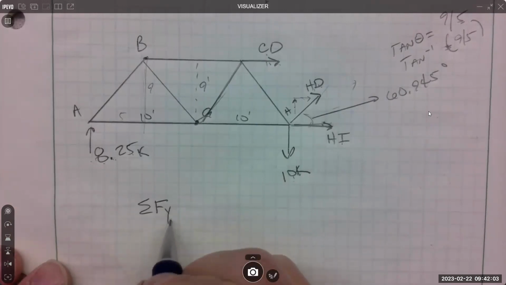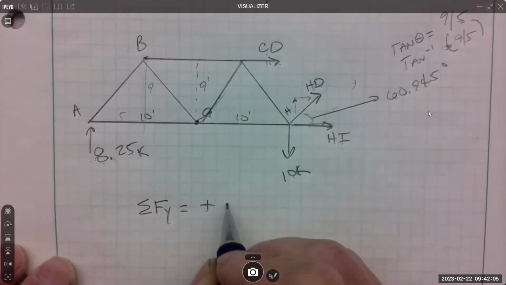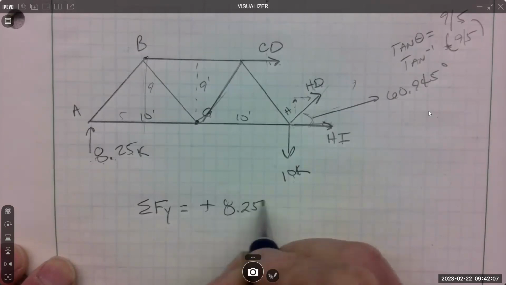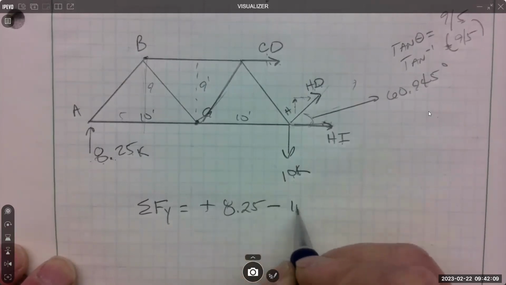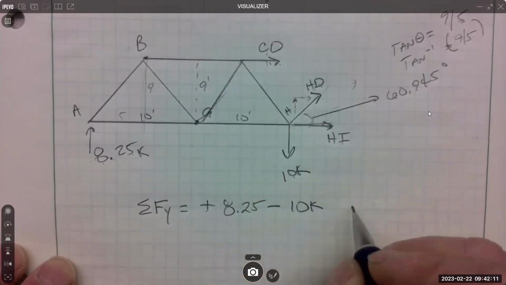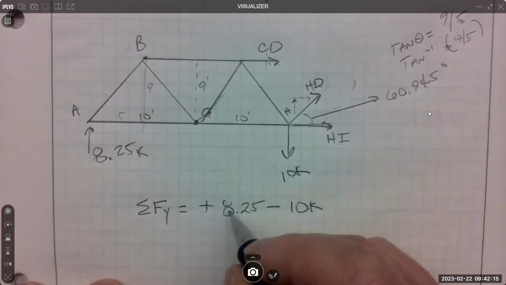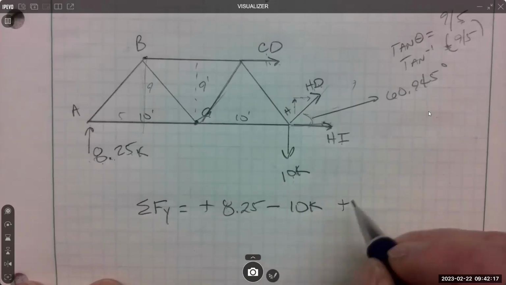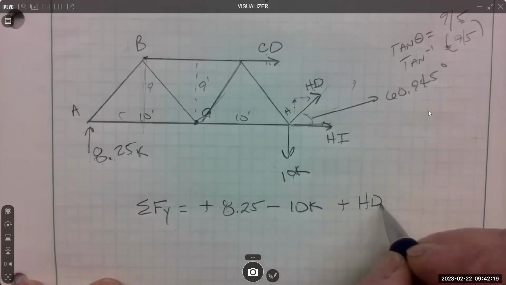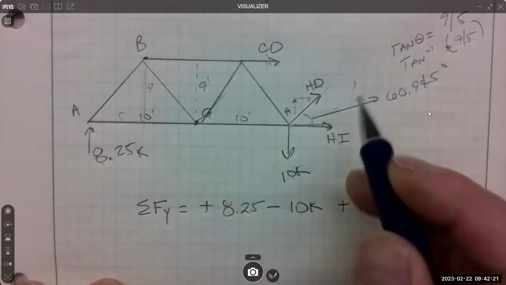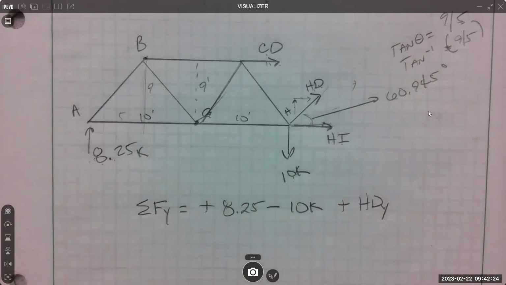Sum of forces in the Y: plus 8.25 minus 10K, probably going to have to go up, plus HDY, the component of HD. And that's got to be equal to 0.